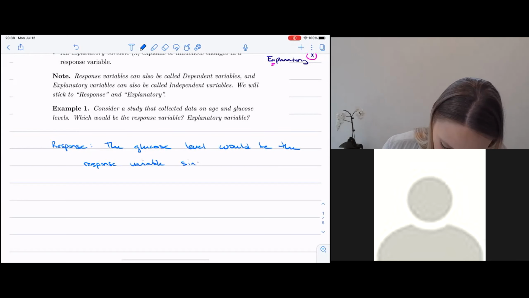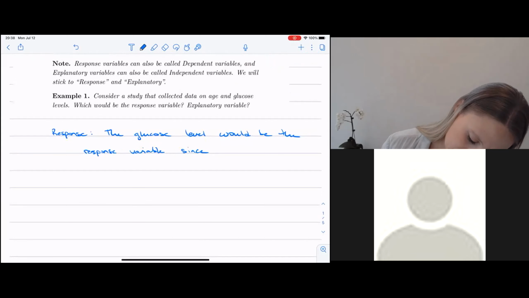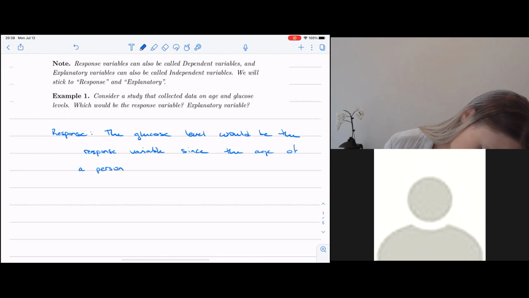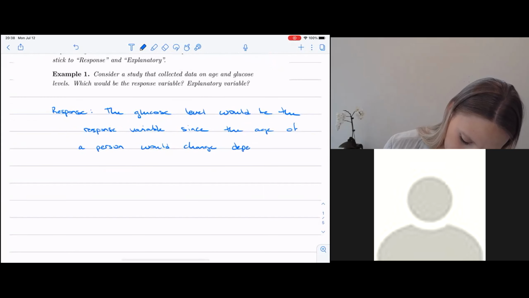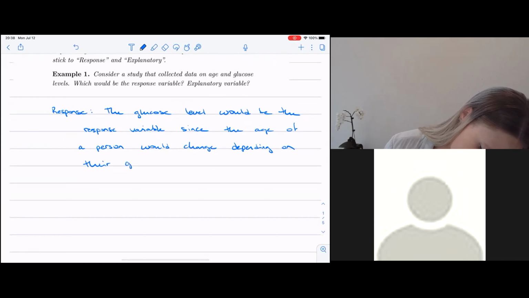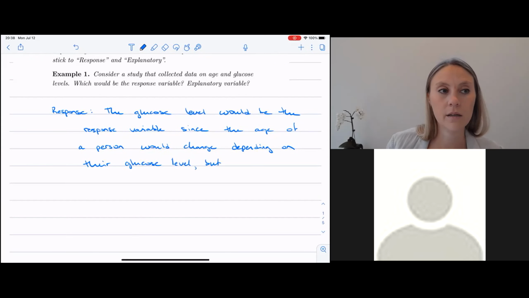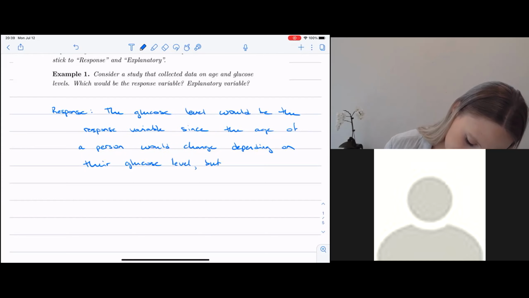Since the age of a person would not change depending on their glucose level, but the glucose level might change depending on age.